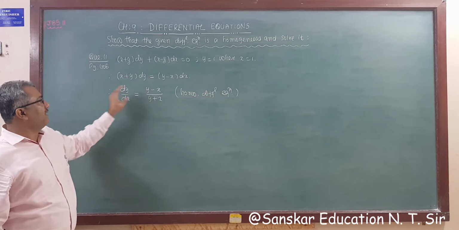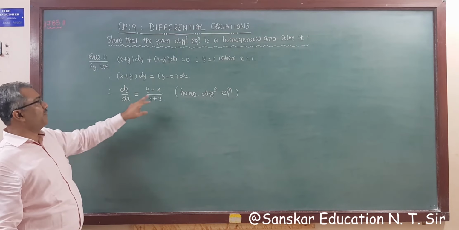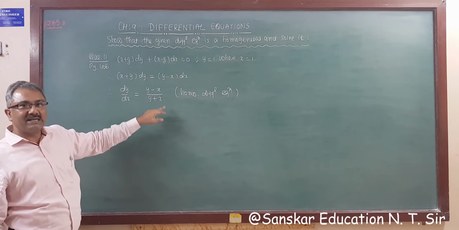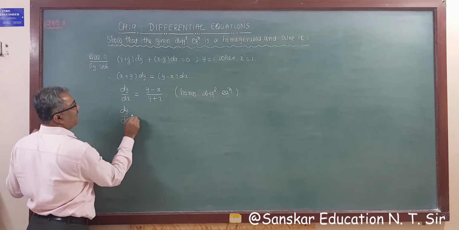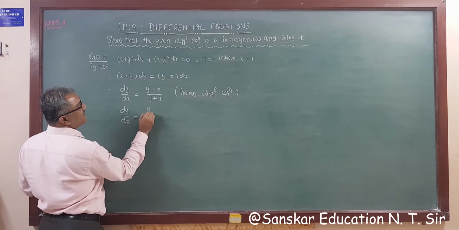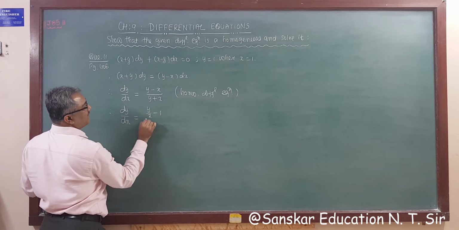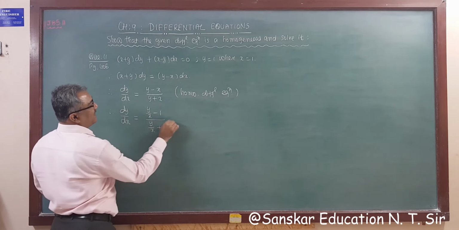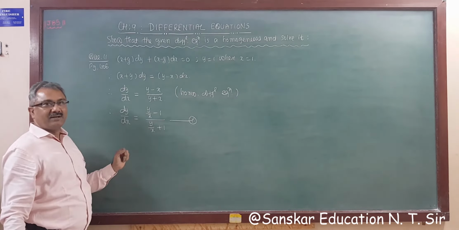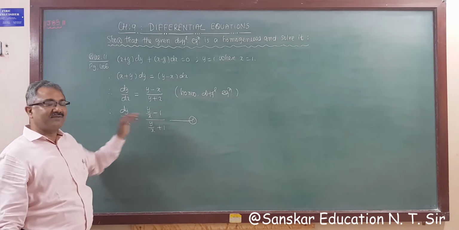So taking this dy by dx, we have to take x common from numerator as well as denominator. So taking x common, dy by dx is equal to (y by x minus 1) whole upon (y by x plus 1), right? Same equation number 1. So now this is perfect homogeneous differential equation.